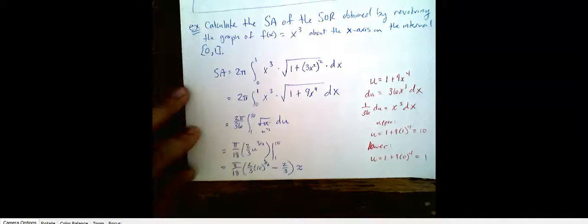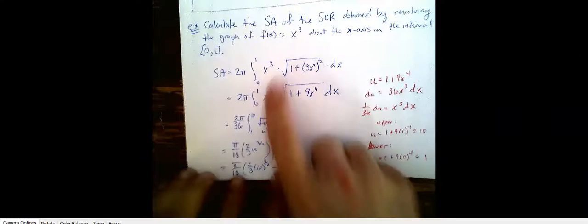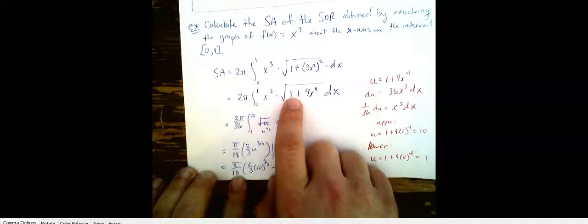This is approximately equal to 3.56. So, sometimes we'll get lucky with this u substitution problem. Other times we will be unable to do this integral analytically because none of our techniques would fit it.